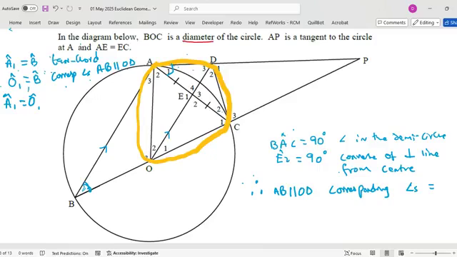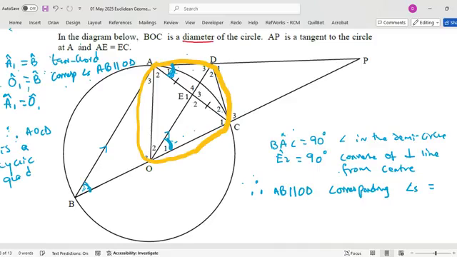Then if A1 and O1 are equal, we can conclude to say this thing is a cyclic quad. Therefore, AOCD is a cyclic quadrilateral.